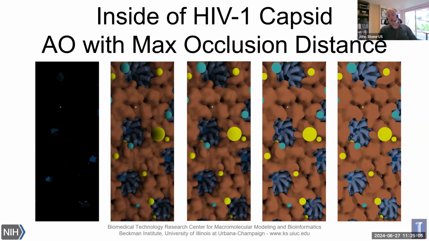This is, first of all, most useful when you're in the interior of a closed capsid and you want to look at the inside surface of the capsid and you don't want to have to chop the thing open or otherwise modify your structure to make the scene more viable. You can just change this number. So it's just a selector. And once you've set that value to a lower value, if you chose a maximum occlusion distance about half the radius of the capsid, that's sort of what you're seeing in the second leftmost panel here.